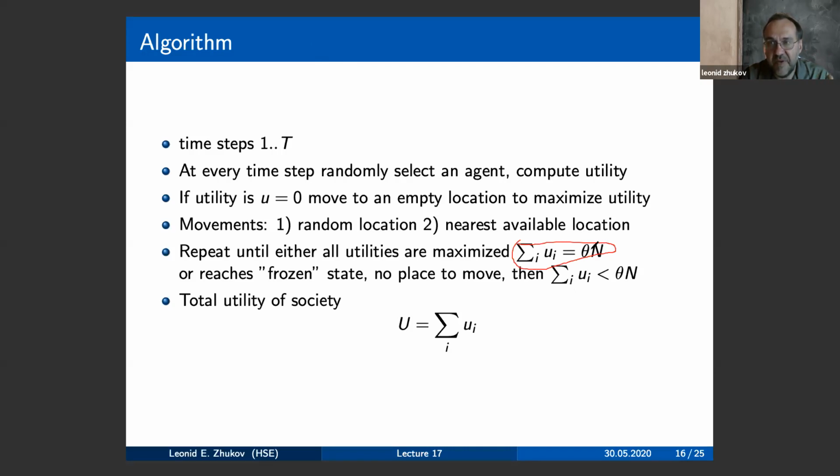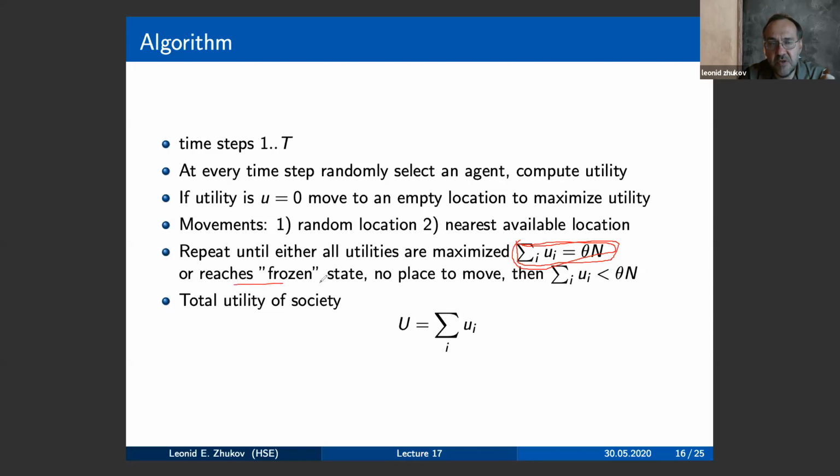Whether it's agent A or B type, if it is happy, the utility is 1. So if the sum of all utilities is equal to the fraction of occupied nodes, it means every single node is happy, so all utilities are maximized and you reach the happy state.